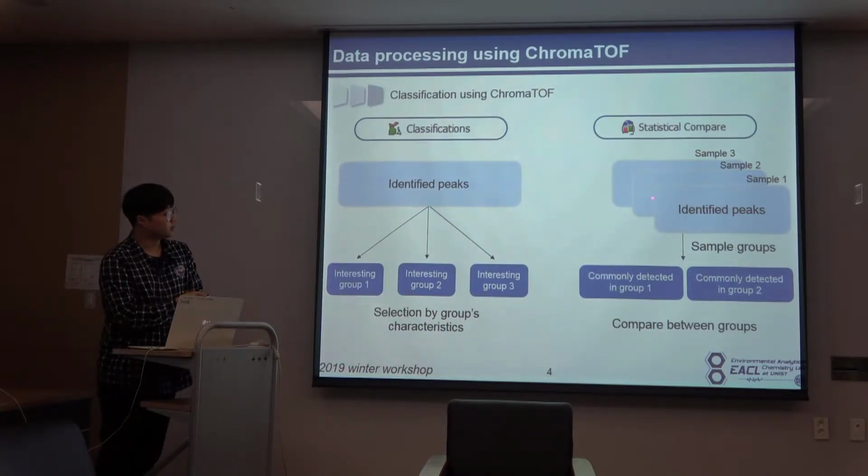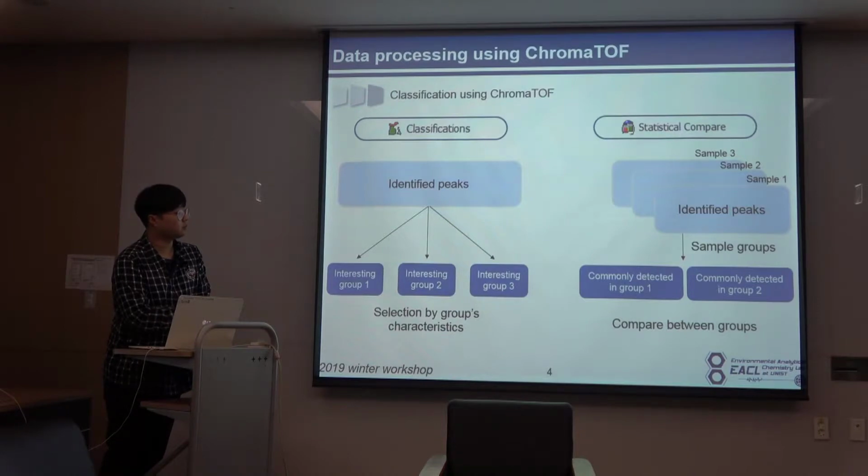So for this number of samples, we divided them into group 1 and group 2. For example, with rural and industrial areas, if there are 3 samples in the industrial area, there are 100 commonly detected compounds, whereas with 4 samples in the rural area, 200 compounds can be detected.